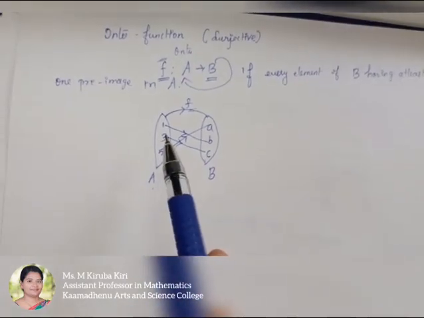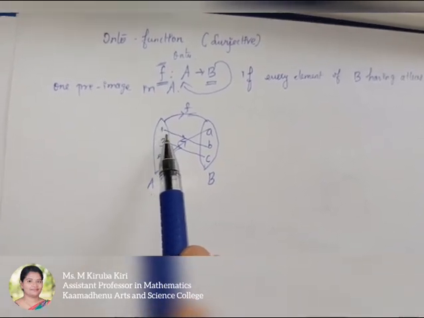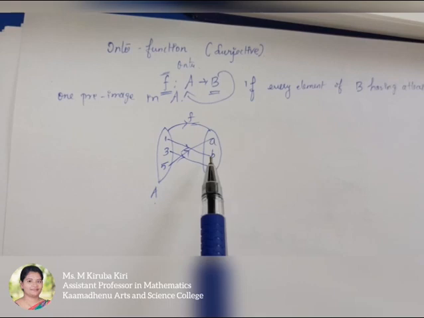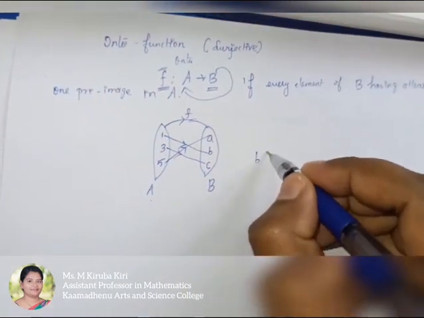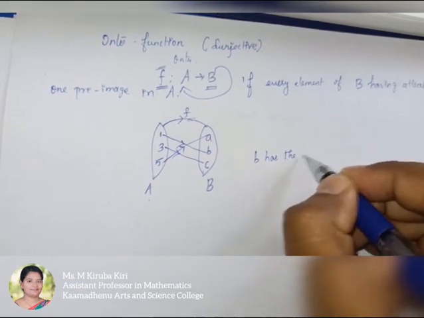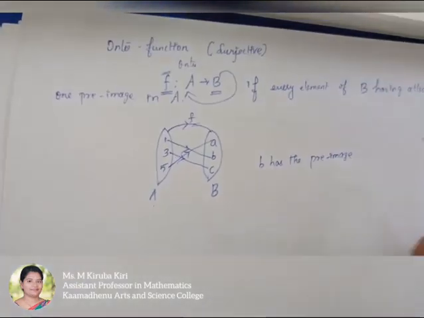What is the image of 1? The image of 1 is b. Therefore, 1 is a pre-image of b. So, b has the pre-image.